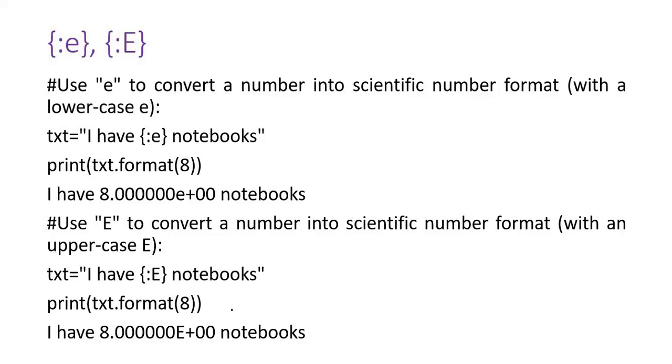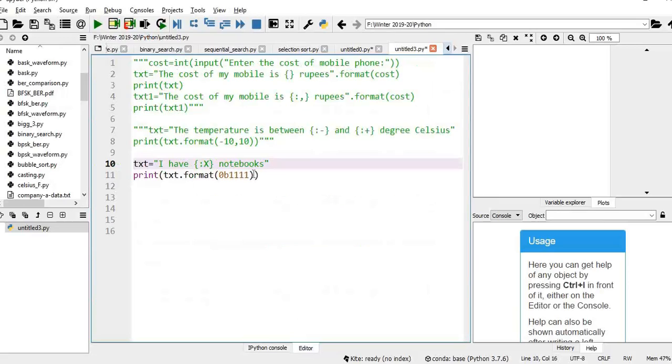Then say for example, I want to format the record string in scientific format. So you can use small e. If I use small e, it will display in lowercase letters. If I use capital E, again it is scientific format, but it will display with capital E. So let us use small e.